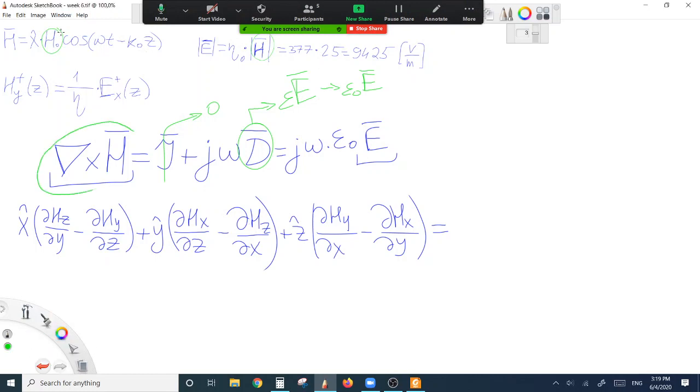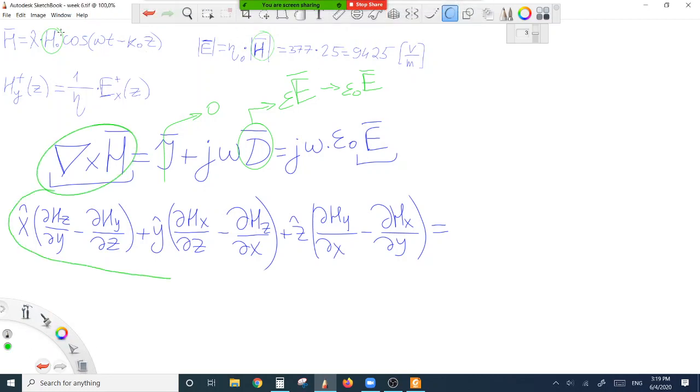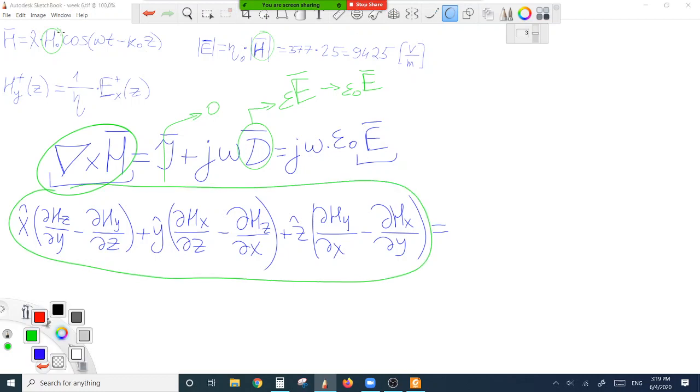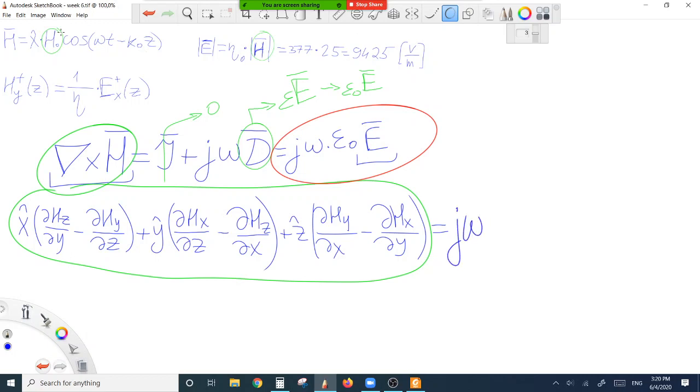So we have written this in the form of a sum of components. Now we need to write this also in the form of a sum of components. j omega epsilon 0 are independent of x, y, z.